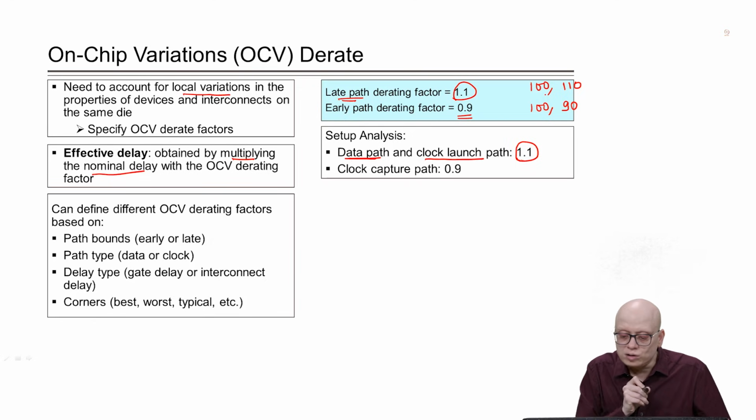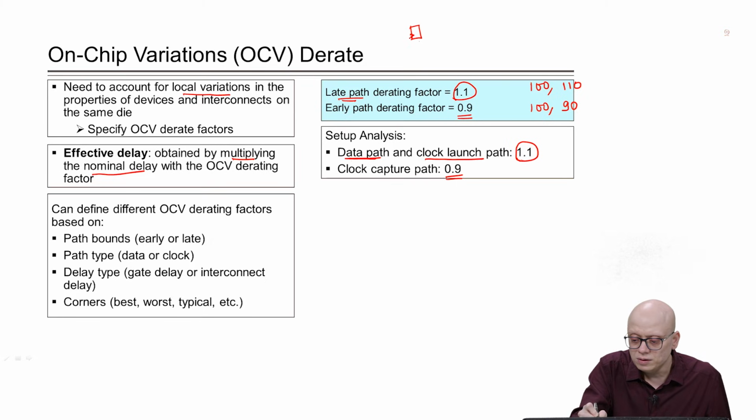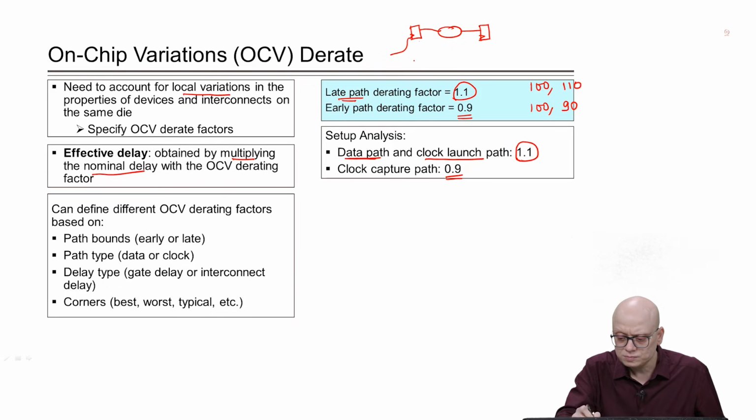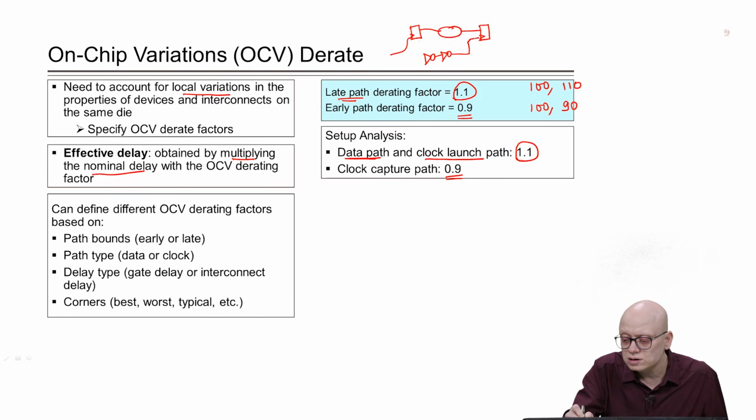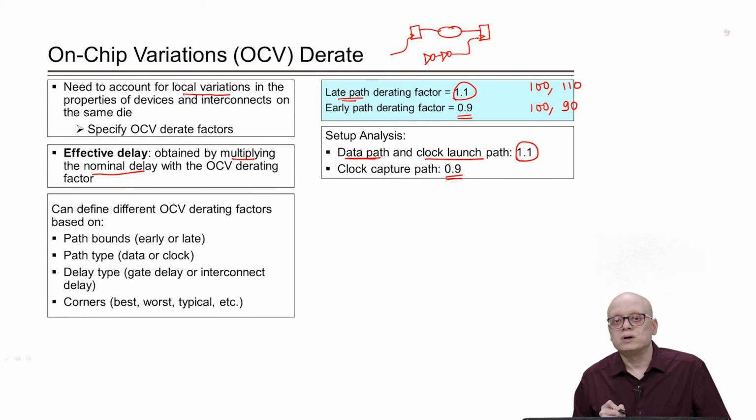However, on the clock capture path, the delay will be derated by 0.9. For example, say we have a launch flip flop, and through combinational logic the data is captured by a capture flip flop, and there is an inverter or a chain of inverters on the capture clock path.